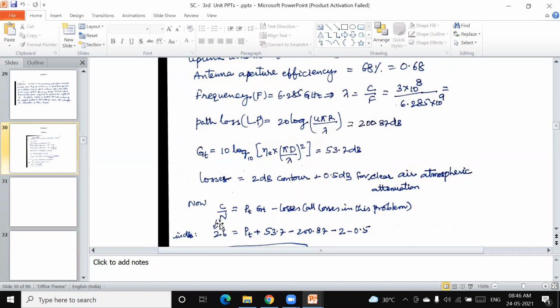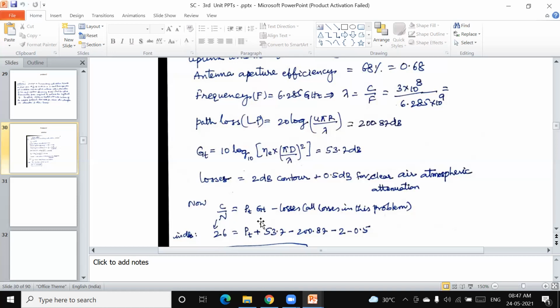Now the formula used here is C by N equals PT plus GT minus losses. Your aim is to get the PT. C by N has been given as 26 dB. In terms of dB, multiplication becomes addition.